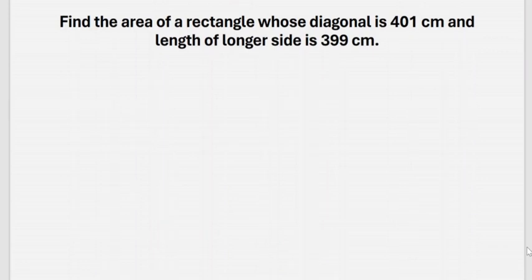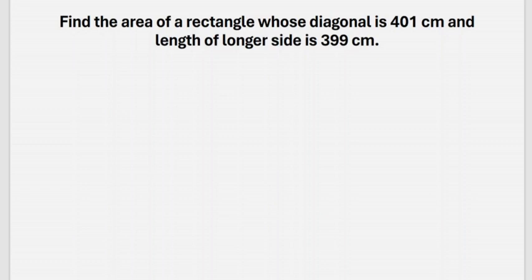Find the area of a rectangle whose diagonal is 401 centimeter and length of longer side is given as 399 centimeter. Okay, so the diagonal is given, and the length is given.